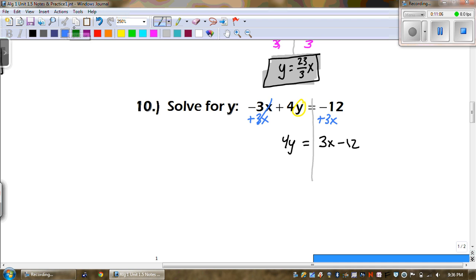Okay, now to get the y by itself, we have to divide everything on the other side by 4. Okay? And now when we're done, we're going to get our answer. But we have to be careful, because y equals, does 3 over 4 reduce? No. So 3 over 4x minus, what's 12 divided by 4? Well, 12 divided by 4 is 3.